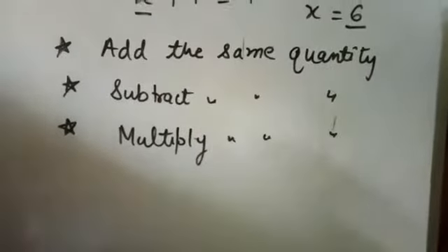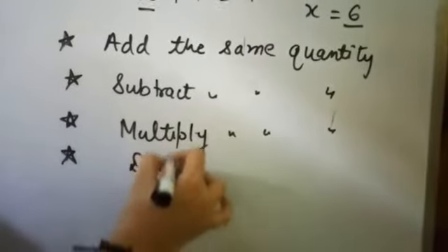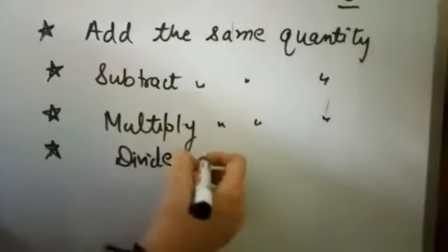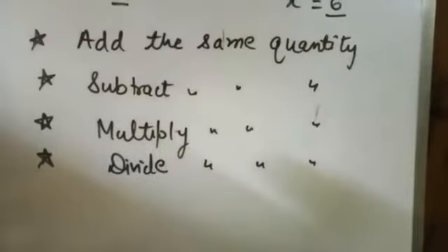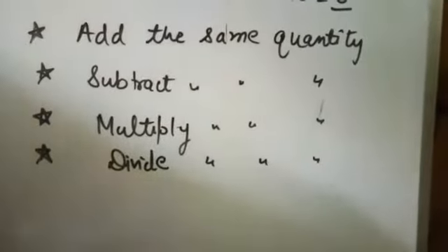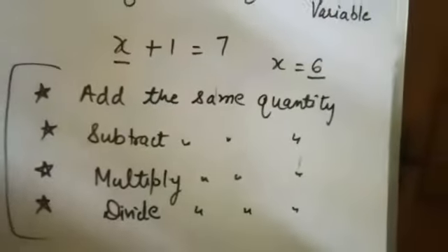Not zero, a non-zero number. And the fourth is divide both sides of the equation by the same number, but that number should be non-zero. So these four are the rules for solving a linear equation.